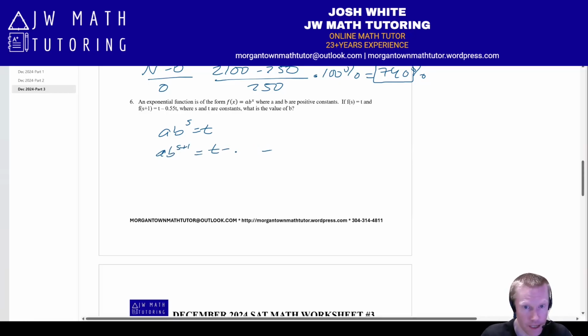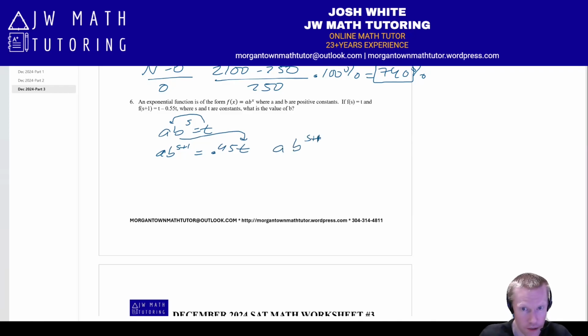Now I'm just going to combine that into 0.45t. Basically, it's just 1t minus 0.55t equals 0.45t. So now, if you notice, if you take this first equation right here that's already solved for t, and you just plug it in here, you get ab to the s plus 1 equals 0.45 times ab to the s.